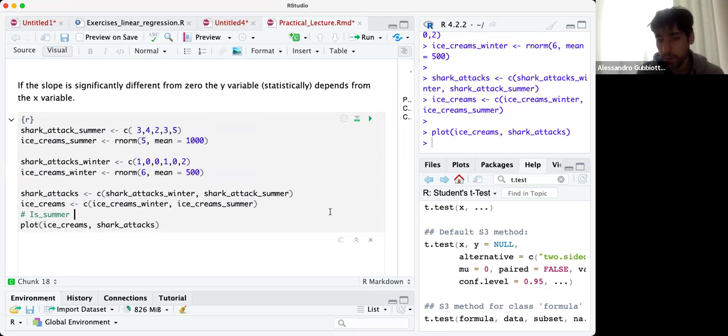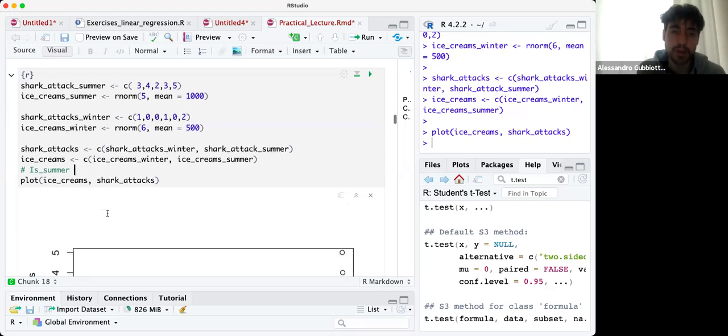So if you observe the number of ice creams that are sold, you can get information on this variable, is it summer. So if there are only 14 ice creams sold, then maybe it is winter, and then probably I would guess that the number of shark attacks is lower than if I didn't have this information.